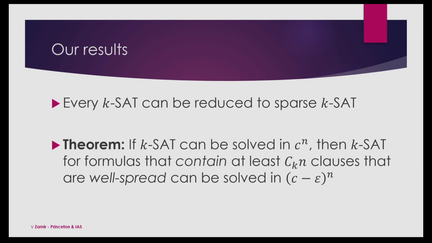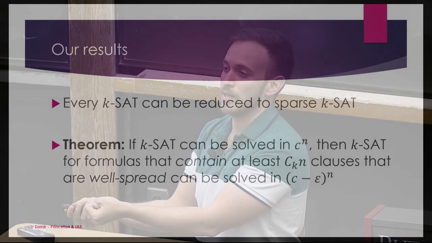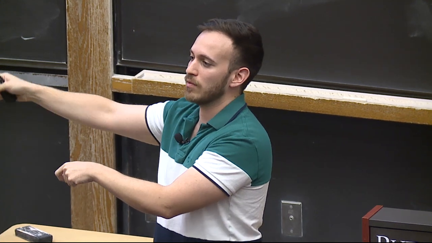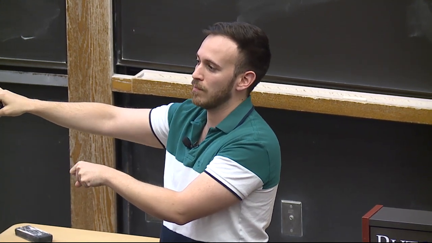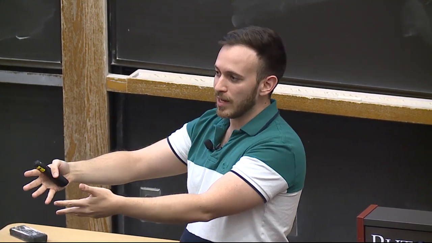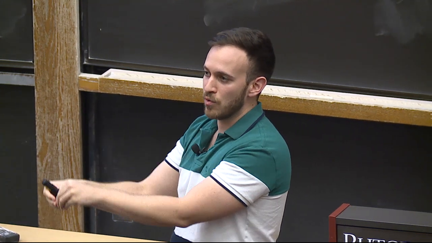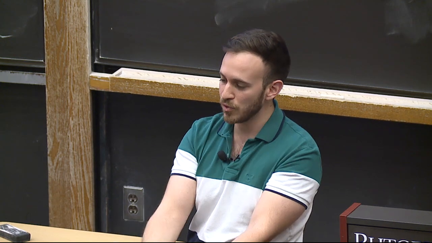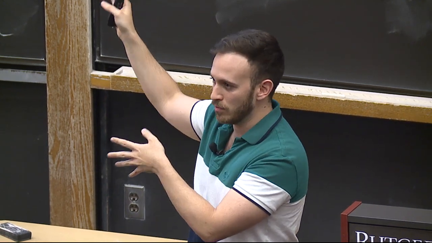Second, you still need to have as many clauses as stated here if I remove a negligible fraction of variables. So you can't do something like add root n variables and all possible clauses on them. But if you still have many clauses after removing any negligible portion of the vertices, and you don't allow multiplicity, then this is true. Anything that is dense can be solved strictly faster than the general case.